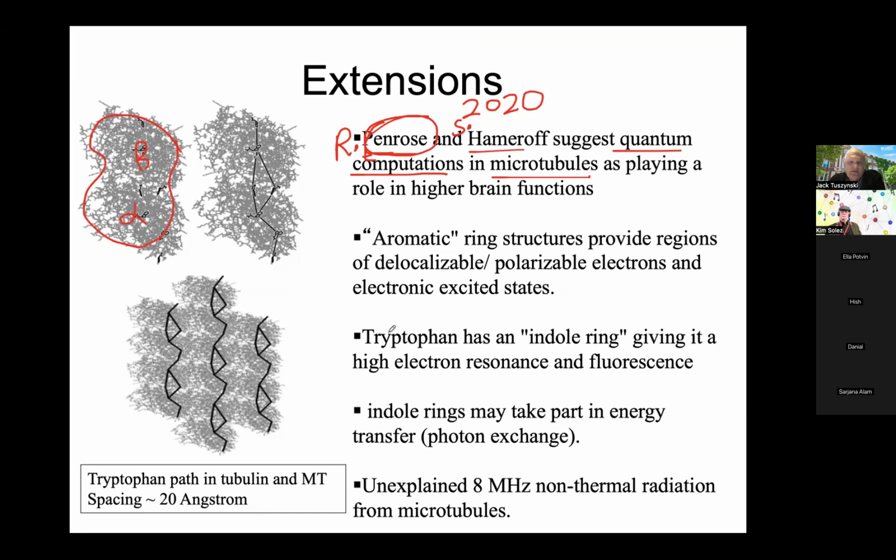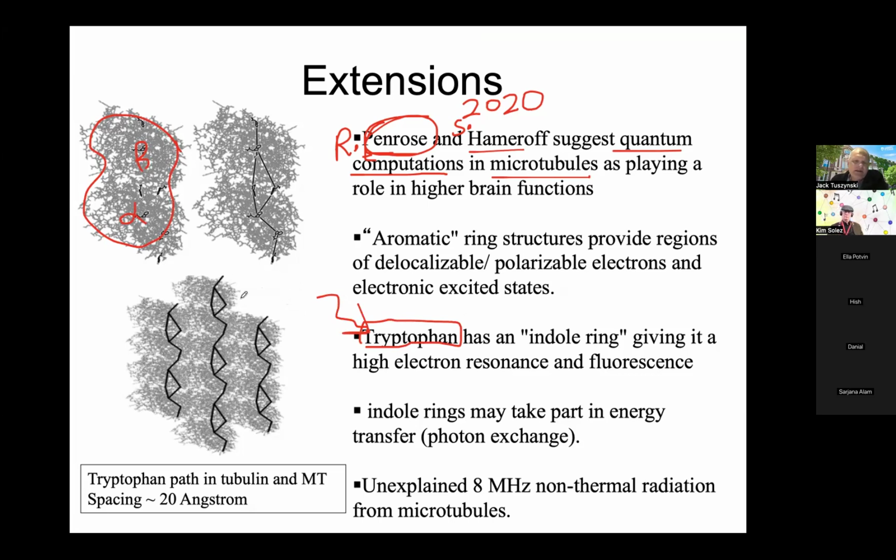And there's a particular amino acid residue in tubulin, which is called tryptophan. Tryptophan is unique out of the 20 amino acids because it can be excited by ultraviolet light, near visible, but not quite.